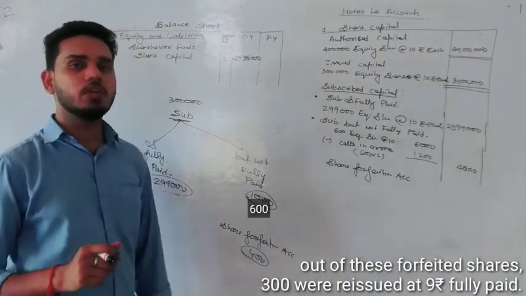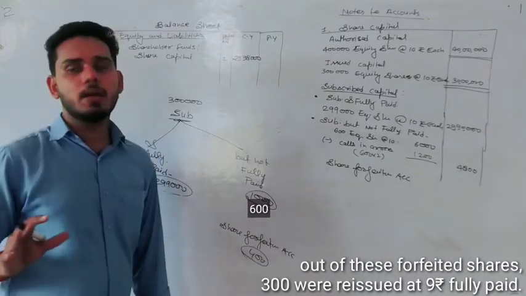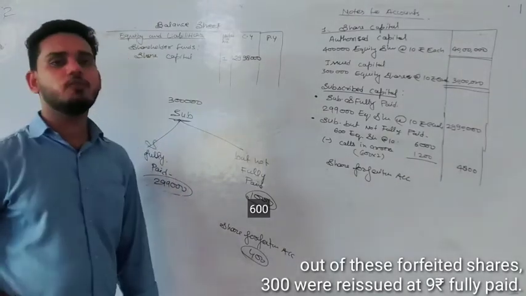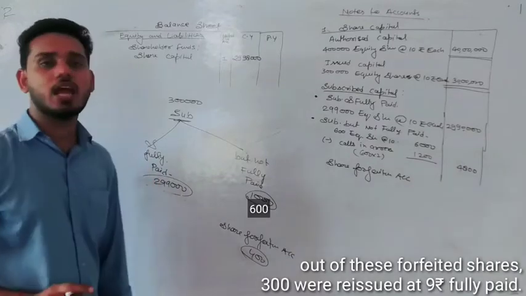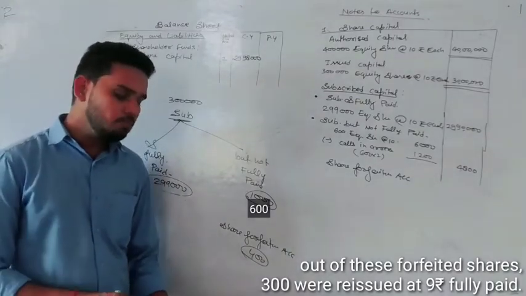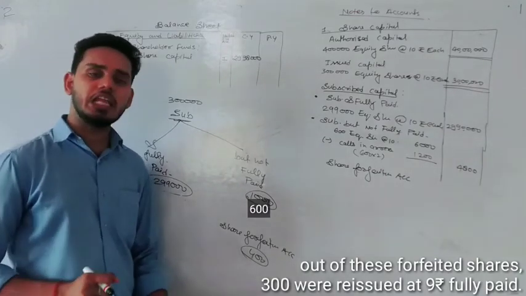Okay. Now the difference in case 4 is that whatever number of shares the company reissues from the share forfeiture will be categorized again in subscribed and fully paid. It is written in the question that out of these forfeited shares, 300 were reissued.